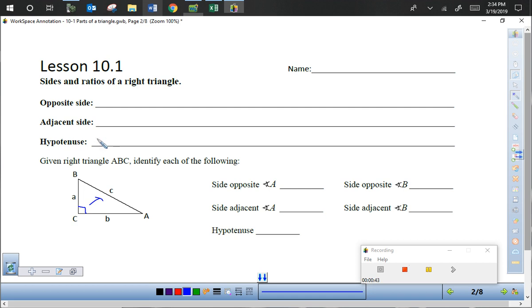It's the side across from the right angle in the triangle. Now, when we're dealing with the right angle, it's also the longest side.